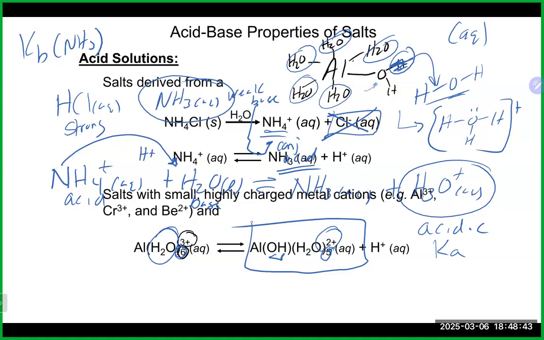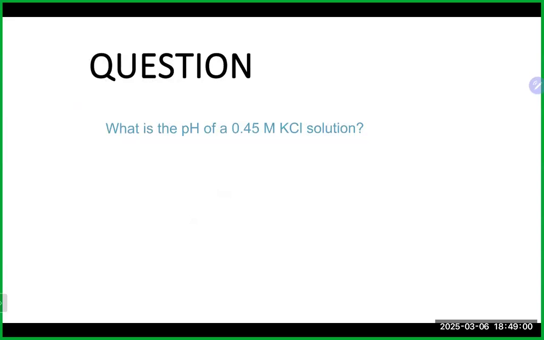So it will always pull off one of those hydrogens from the water that's attached to the metal. It will end up producing basically H3O plus in solution and will create it being an acidic solution in that case. Any questions on that there? That is something to digest for a bit. Let's do that.